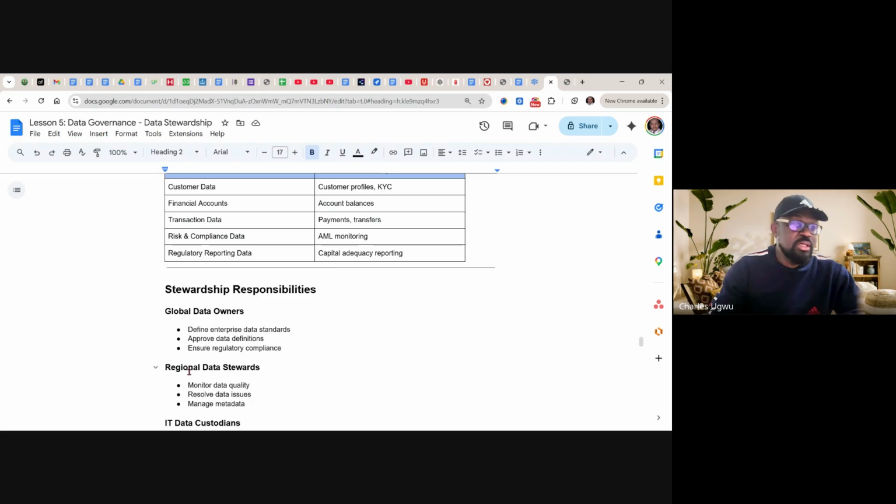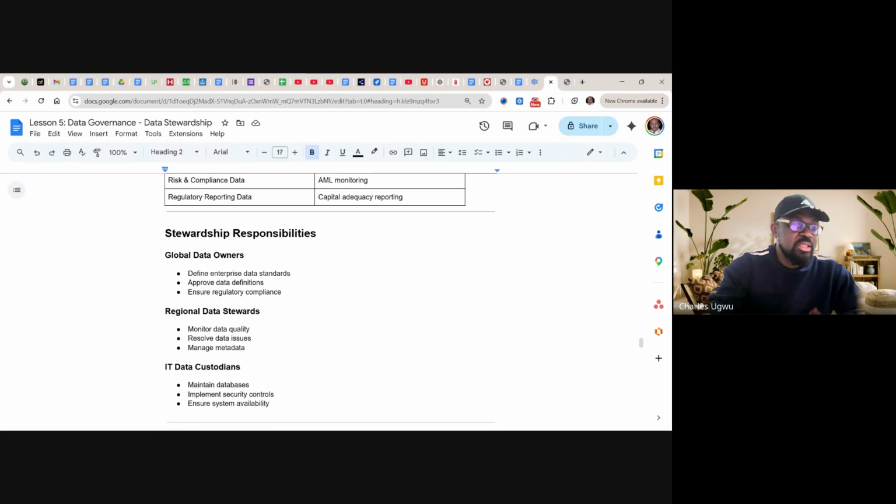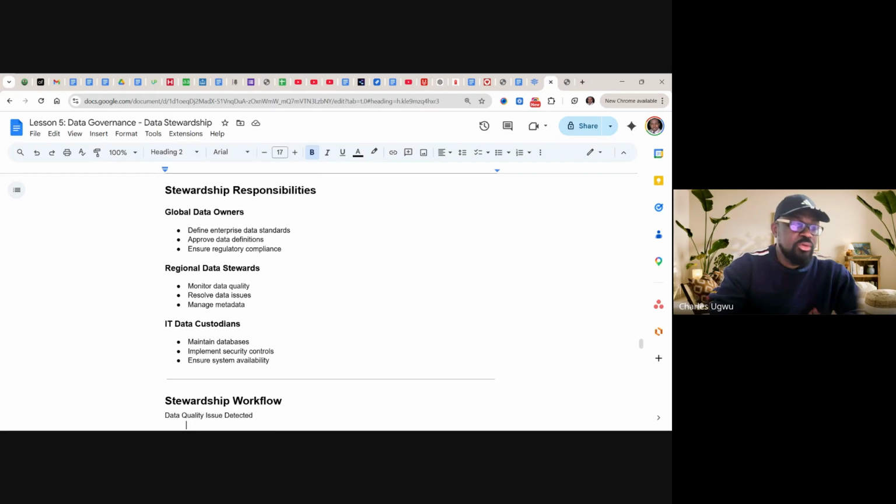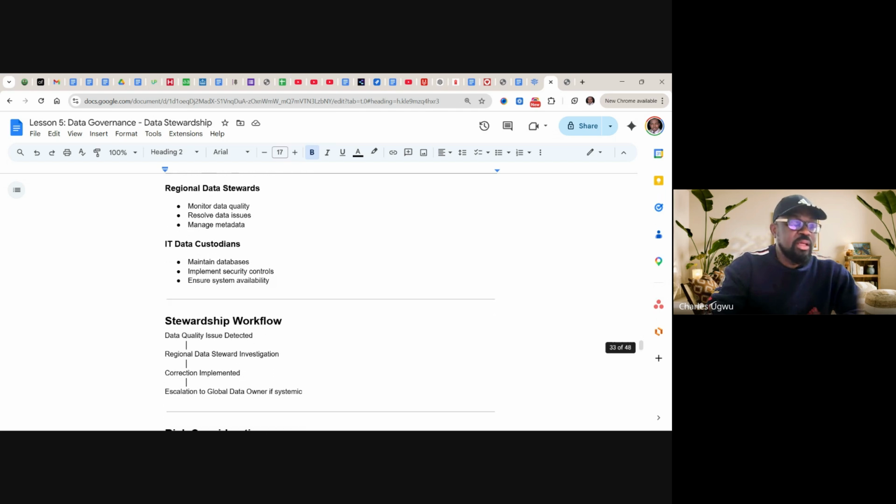The regional data steward monitors data quality, resolves data issues, and manages metadata. The IT custodian maintains databases, implements security controls, and ensures system availability.